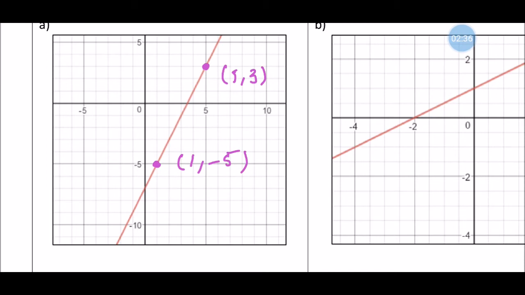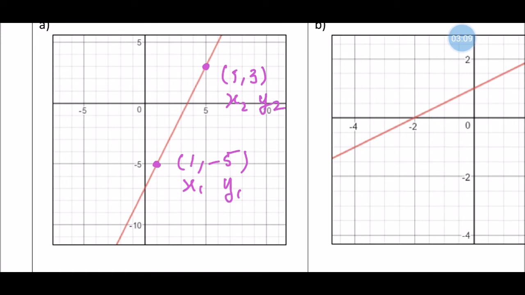Good. Now what we're going to do is label these 4 numbers x1, y1, x2, y2. There we go. Now, just like we discussed last lesson, you absolutely could have labeled these 2 numbers as your x1 and y1, and these 2 numbers as your x2 and y2.